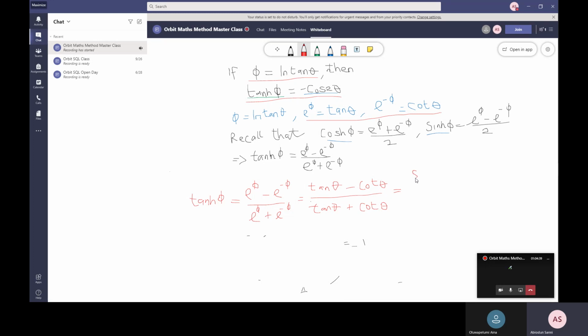So this is sine theta over cos theta, because tan theta is sine over cos, minus cos theta over sine theta, all over sine theta over cos theta plus cos theta over sine theta.